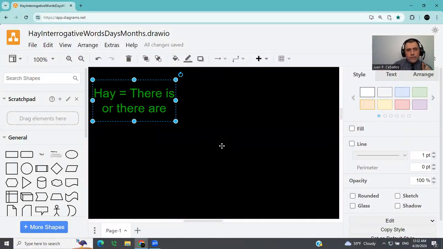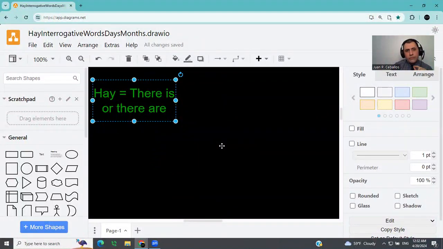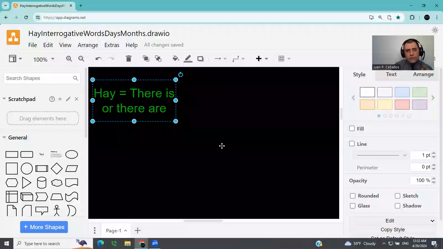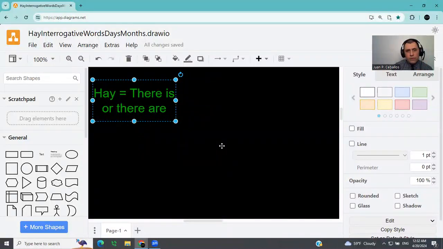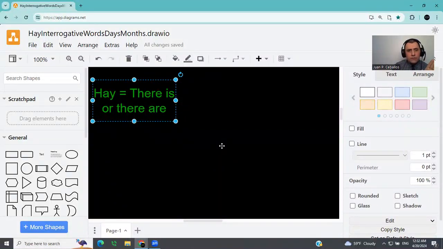Notice that hay is the same. There is is considered singular in English. There are is considered plural in English. We don't have that. Hay is just hay.